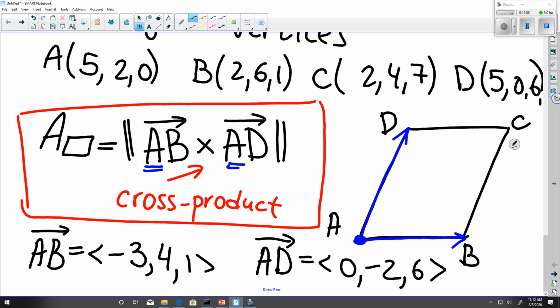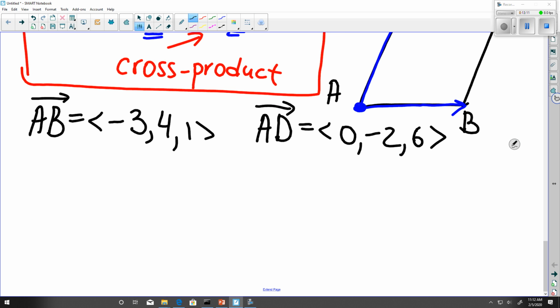Next step, cross product. We have to do I, J, K, copy AB, copy AD, and do this cross product. Let's go. Once we're done with that, then we have to find the magnitude. I would suggest to go ahead and do it on your own and check with me.